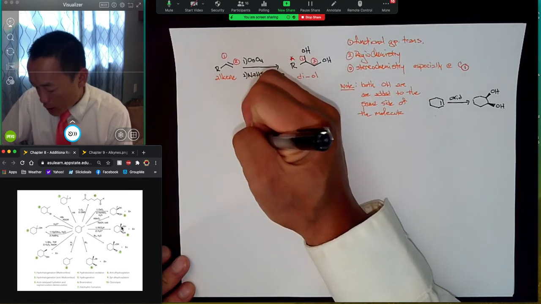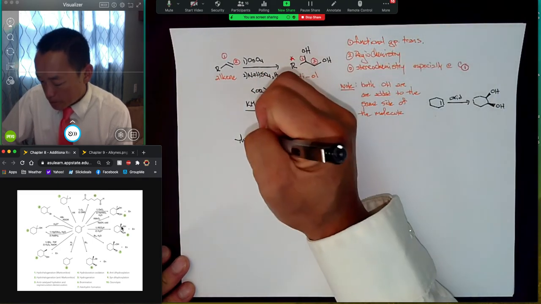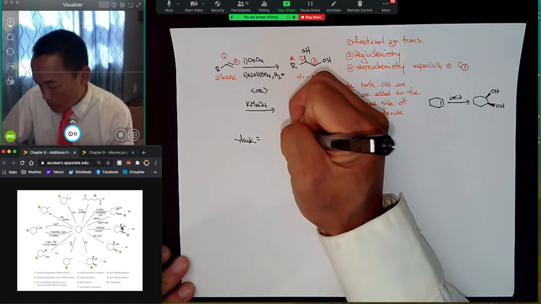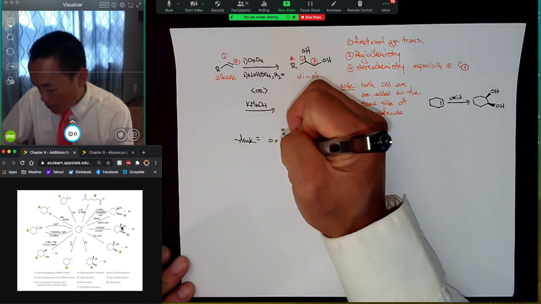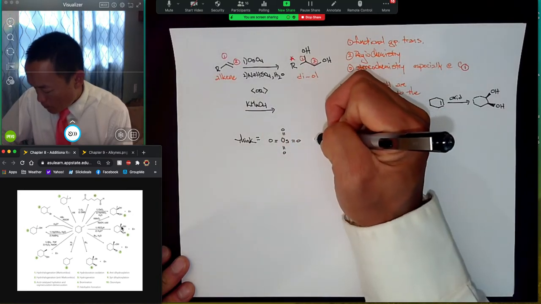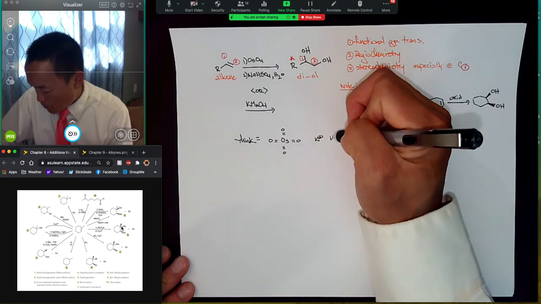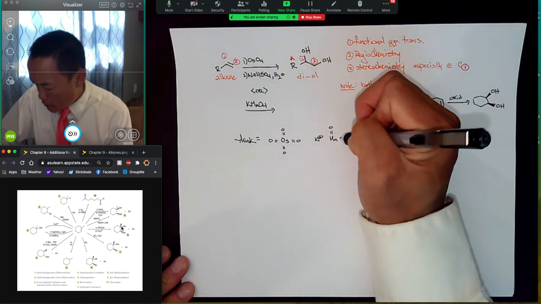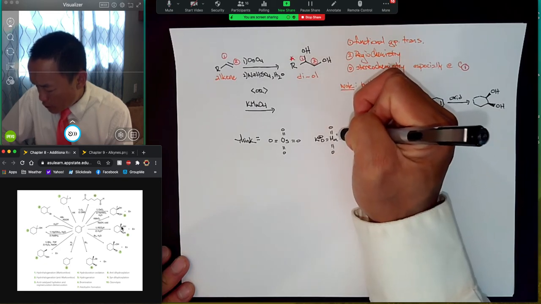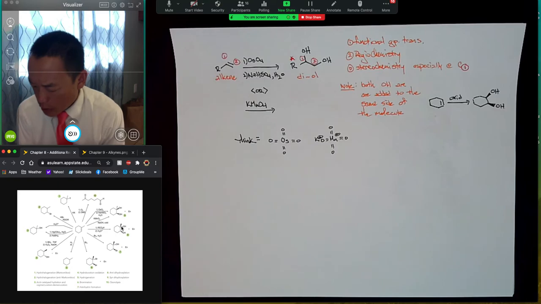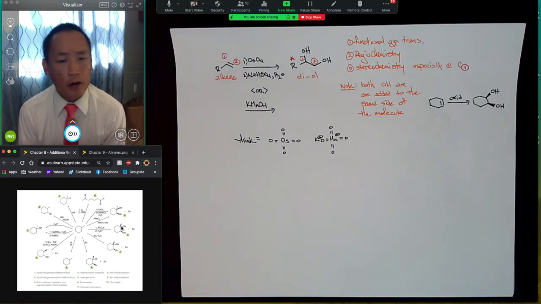Thinking about this reaction, here is a pretty straightforward Lewis structure for KMnO4 and for osmium tetraoxide, OsO4.